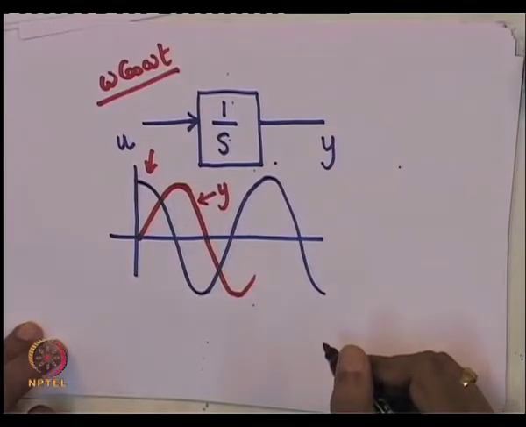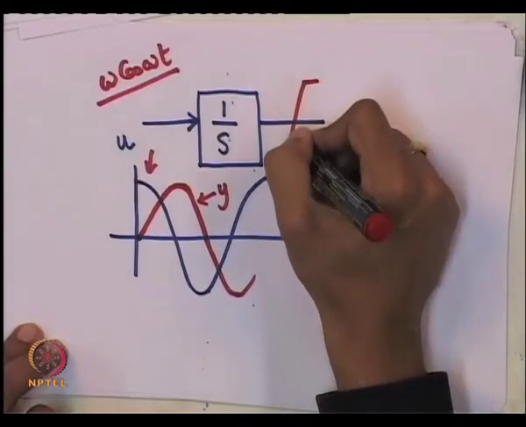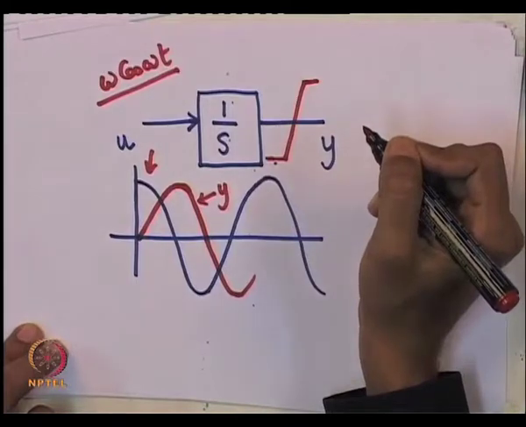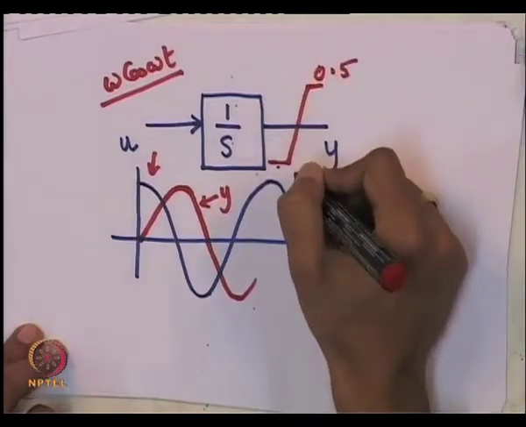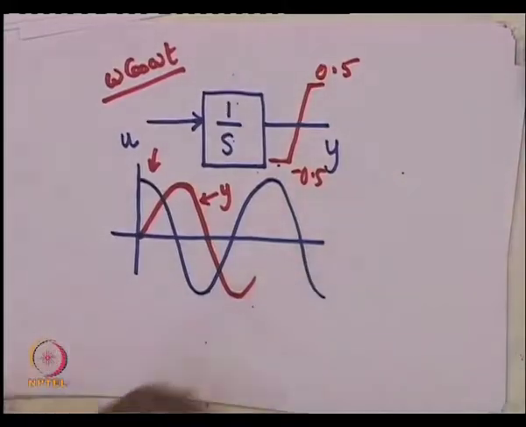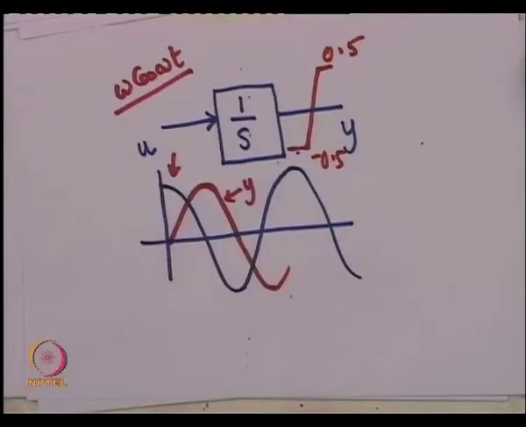Okay. Now, suppose I have got a soft limit, which is put at plus 0.5 and minus 0.5. In that case, the output would be clipped.